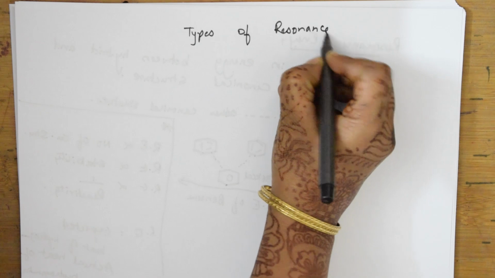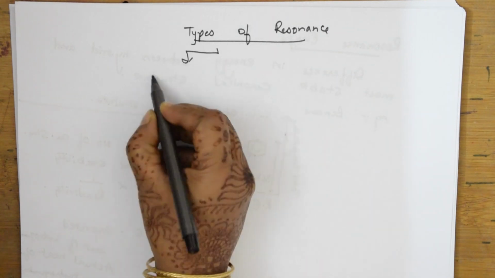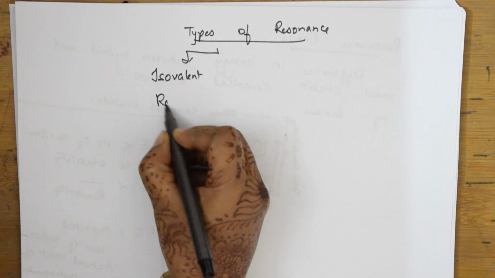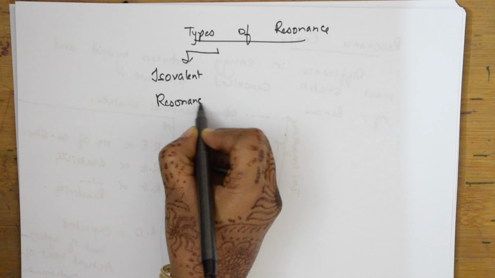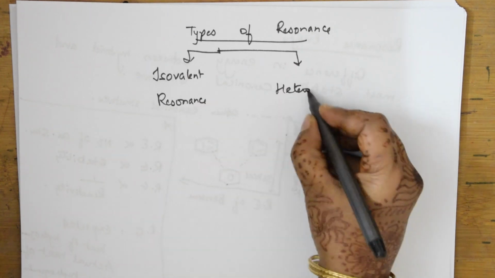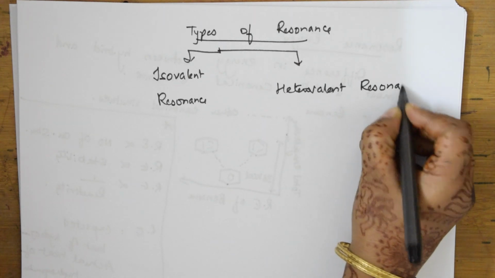So basically, resonance is of two types. One is isovalent resonance, and the next one is heterovalent resonance. Isovalent resonance and heterovalent resonance.